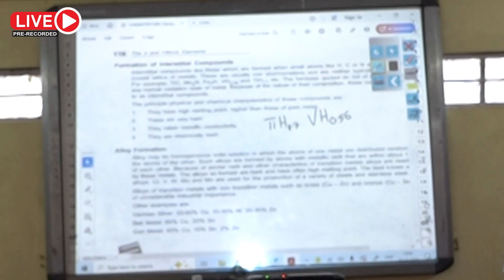So these formulae indicate they are not following the normal valency rules. So those compounds which do not obey normal valency rules are called non-stoichiometric. Interstitial compounds, write all the 4 properties, the physical properties of interstitial compounds.